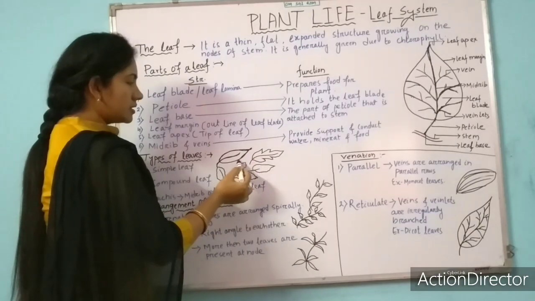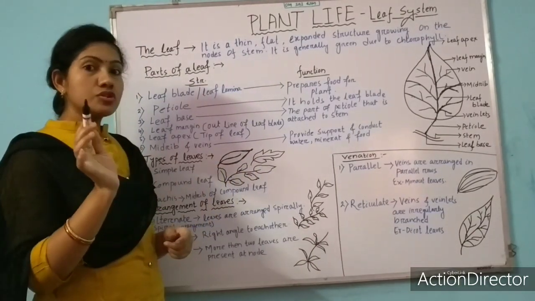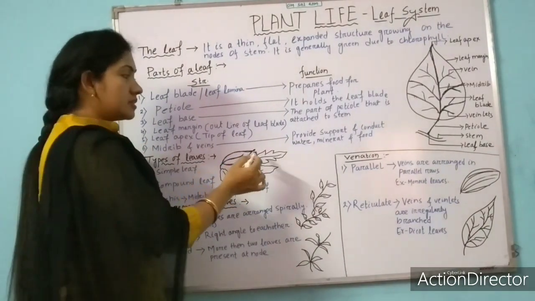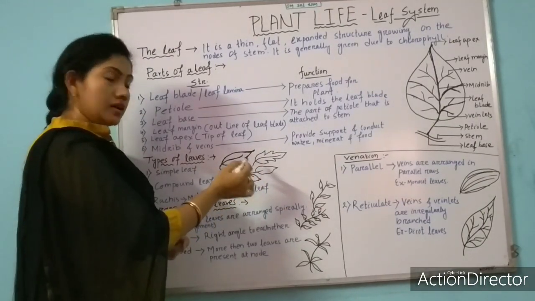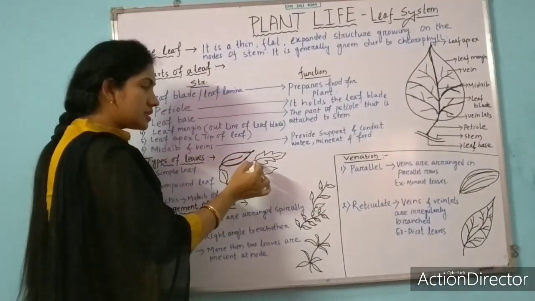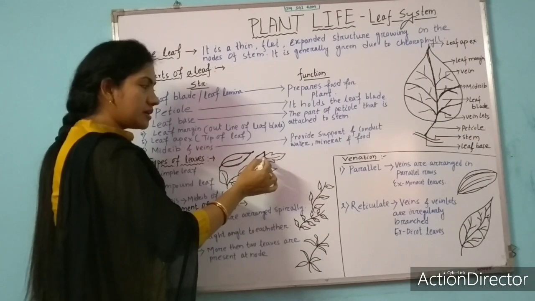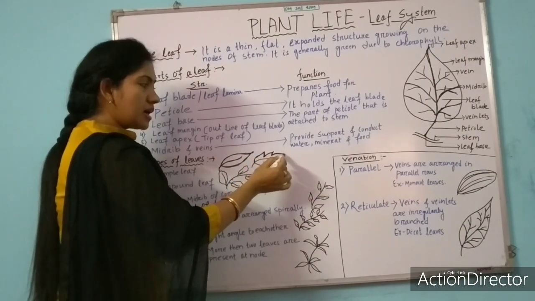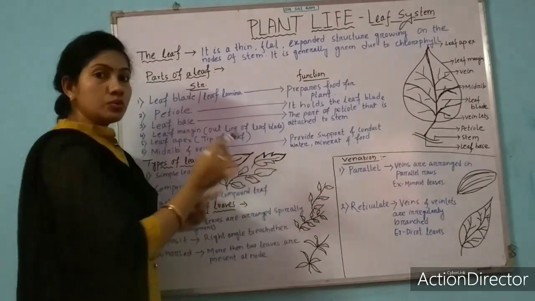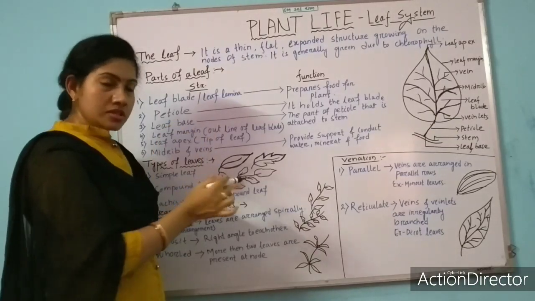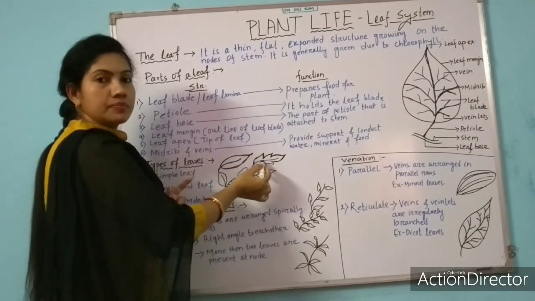Here in the diagram, you can see this is the simple leaf. Here the leaf margin is not divided. This is a simple leaf. Here you can see the leaf margin is divided. No doubt the leaf margin is divided, but it does not touch the midrib.